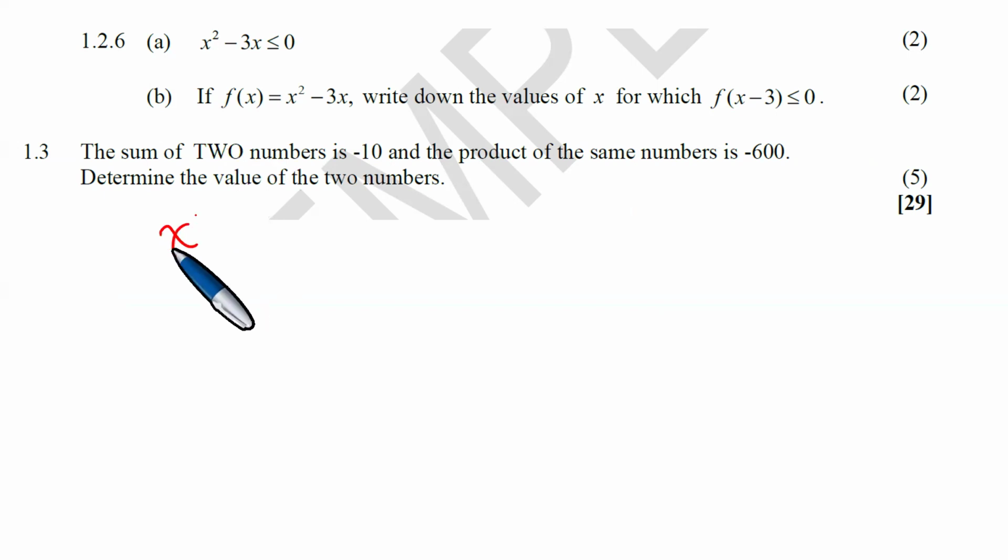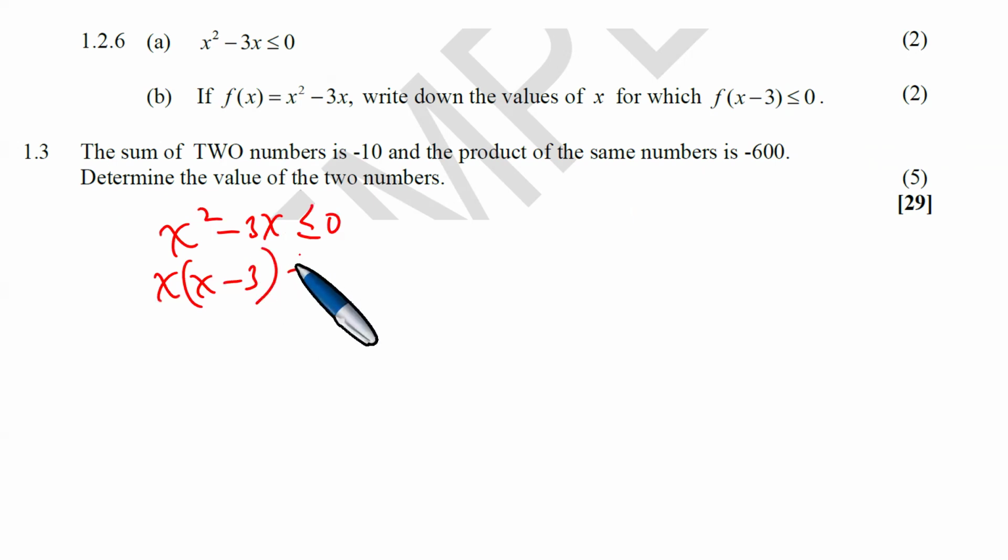We have x squared minus 3x is less than or equal to 0. I'm going to use the standard approach that is expected from you. What we do is we always take out the highest common factor here, because each of the terms consists of the factor x.